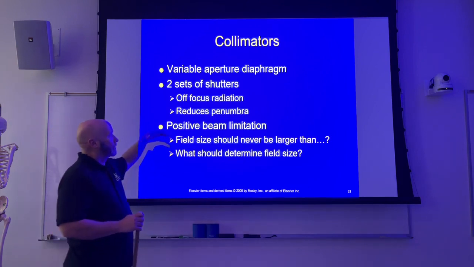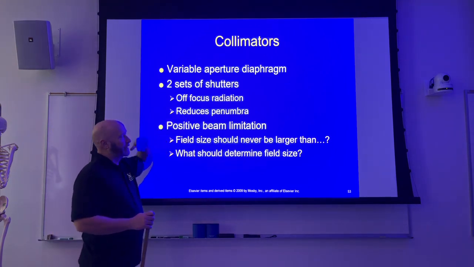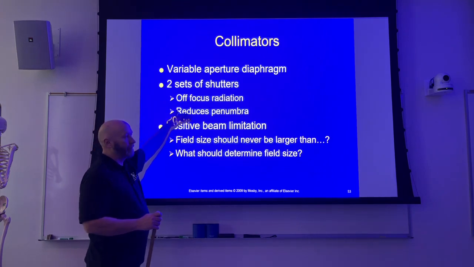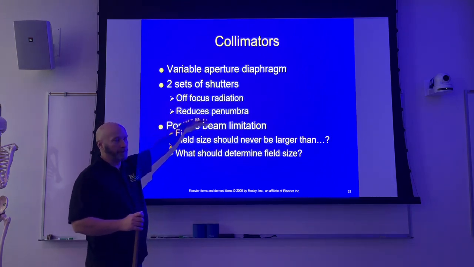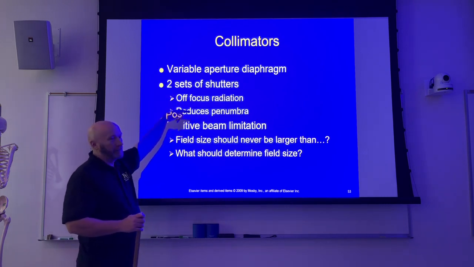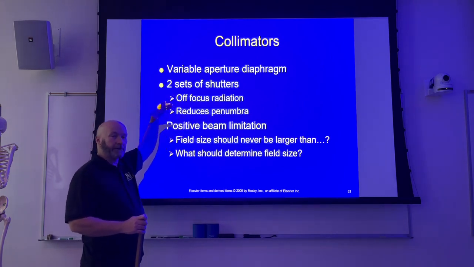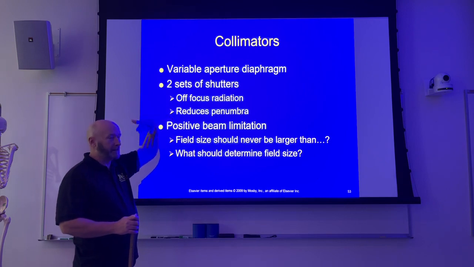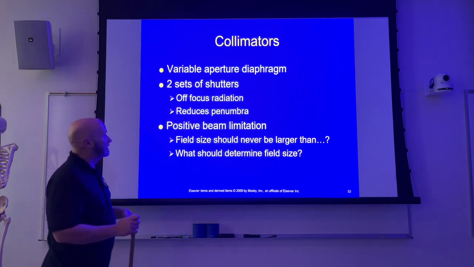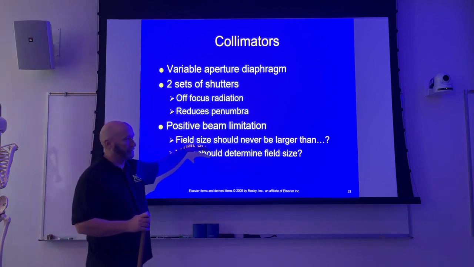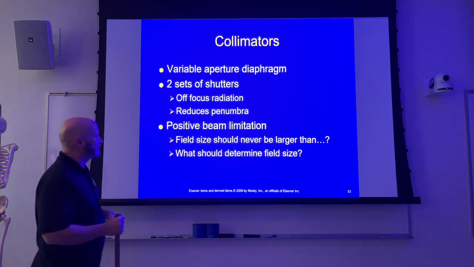So we'll want to reduce the penumbra as much as we can. We want umbra, we want to get rid of penumbra. So if off-focus radiation gives us more penumbra, that first set, the multi-leaf collimators on top of the collimator housing that you never see, are what's responsible for limiting that. And then the other ones are your variable aperture diaphragms.